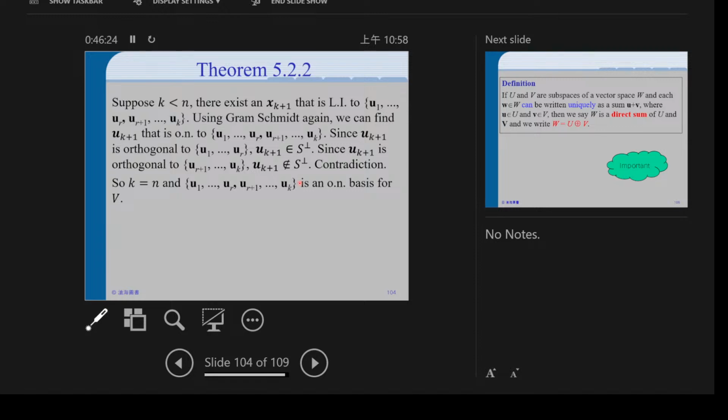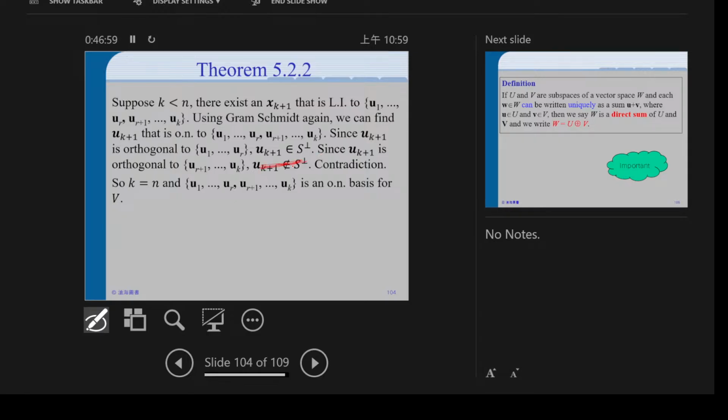I cannot say it's not in S perpendicular. We need to be a little bit careful here.